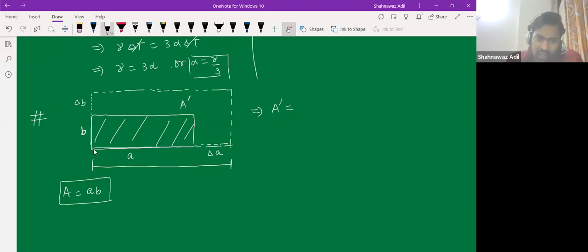So the new area has this length into breadth, right? So this is A plus delta A, and breadth is how much? What is the breadth, guys? This is the breadth, right? From here to here, B plus delta B, right?